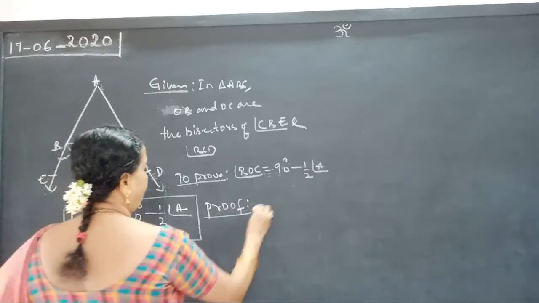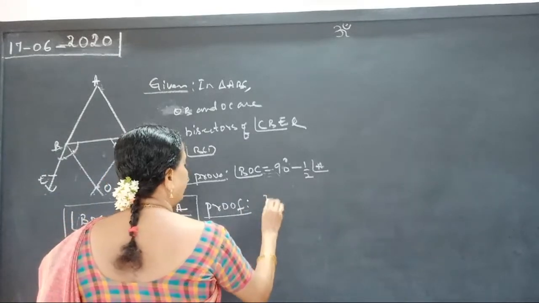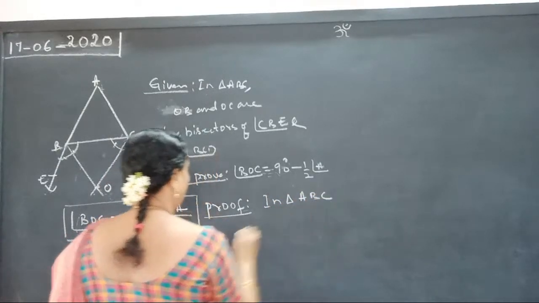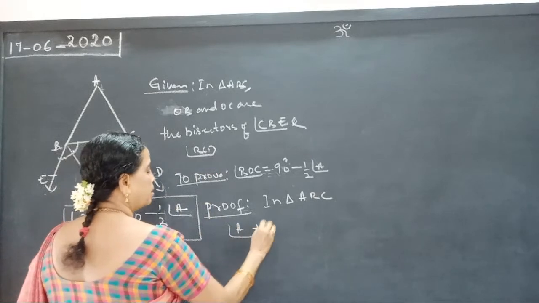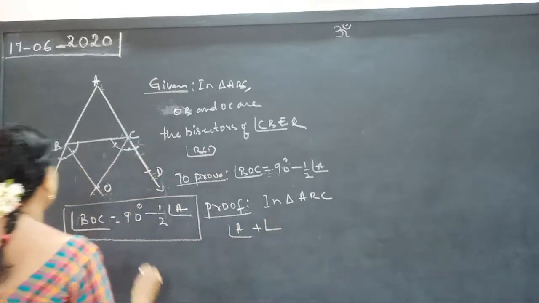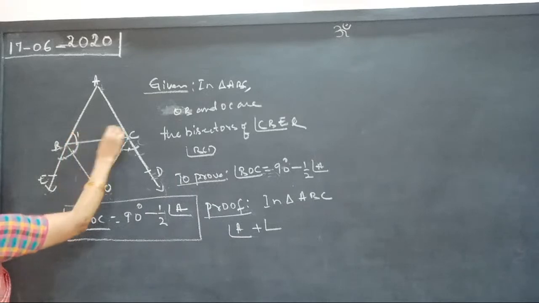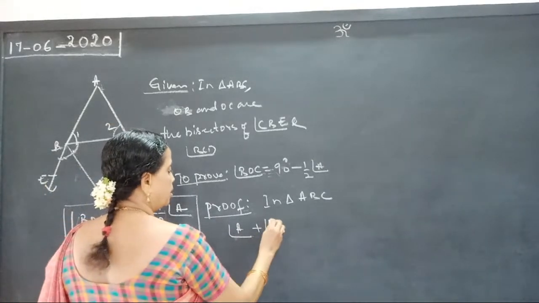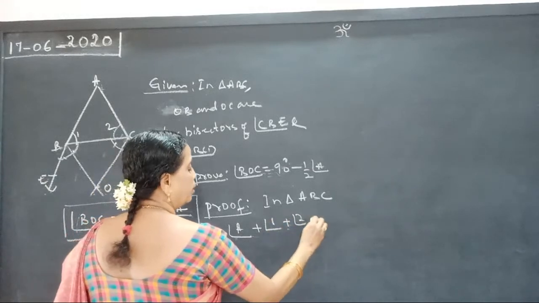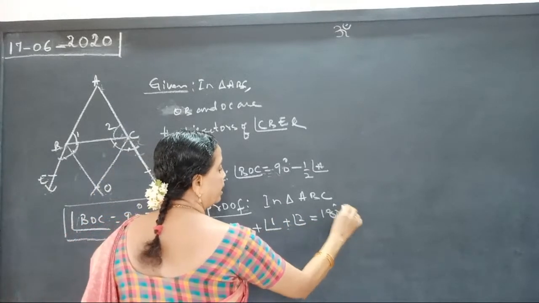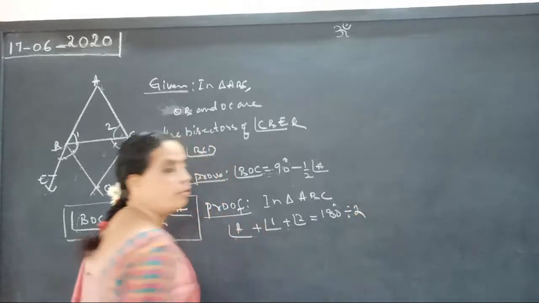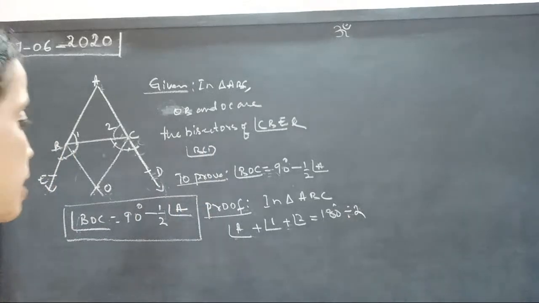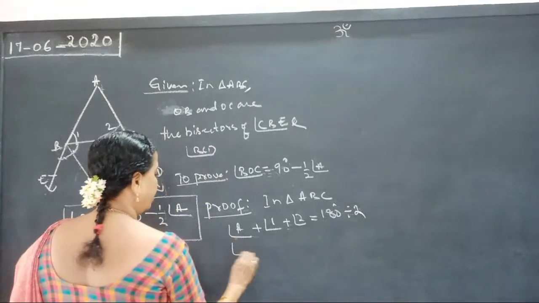Proof, what we can write, in triangle ABC, angle A plus angle, I will name this as angle 1, this as angle 2. Angle A plus angle 1 plus angle 2 equals 180 degree. Are you following? Dividing LHS and RHS by 2, what do we get?